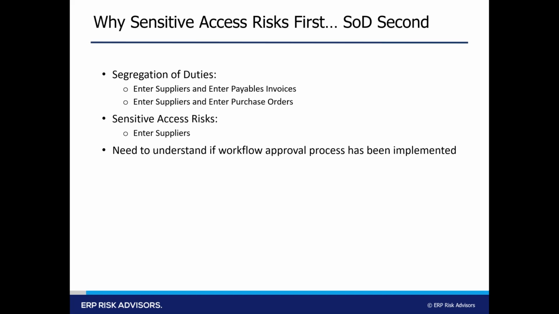But if our primary goal is to prevent somebody from entering a supplier and invoices, and let's just say, back to my first comments, the enter suppliers workflow process was properly built, then effectively the only way somebody could enter a fraudulent invoice, say the invoice process wasn't subject to workflow, is against a valid supplier.